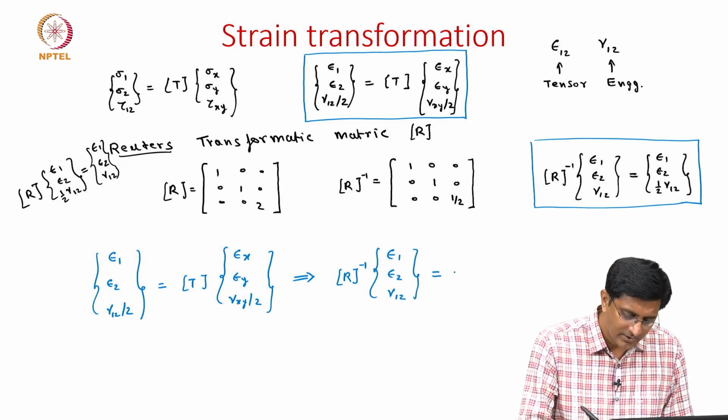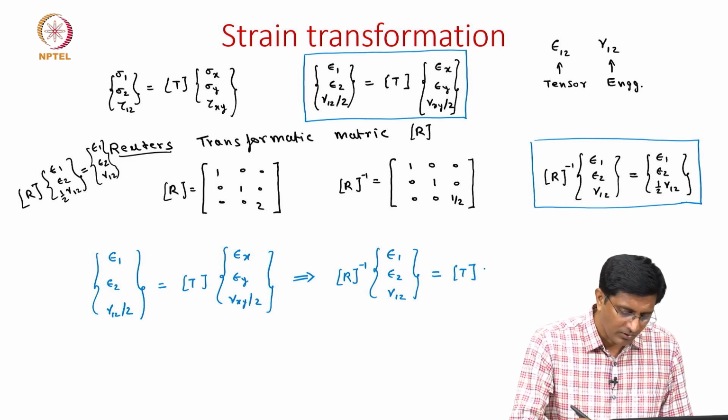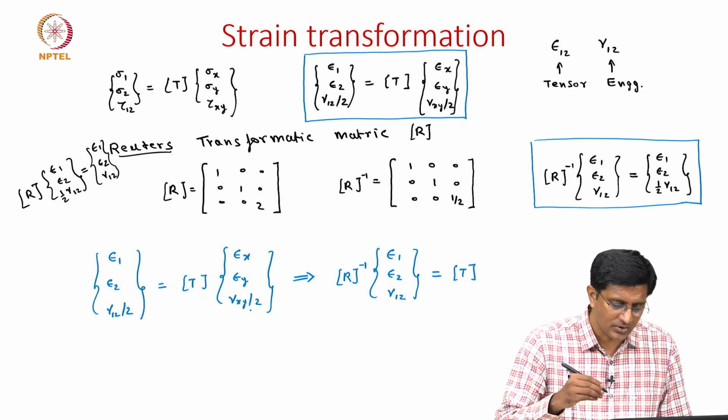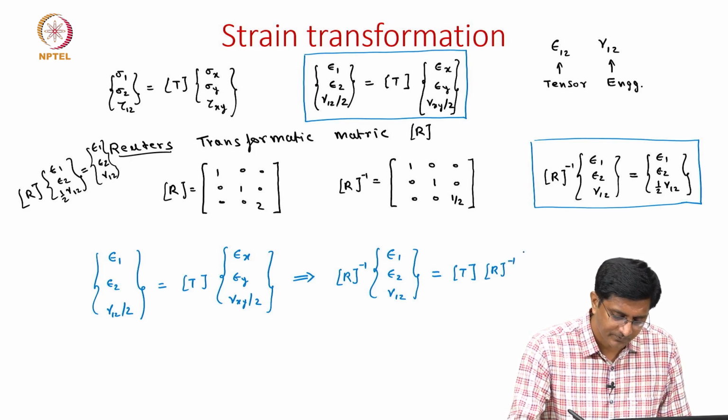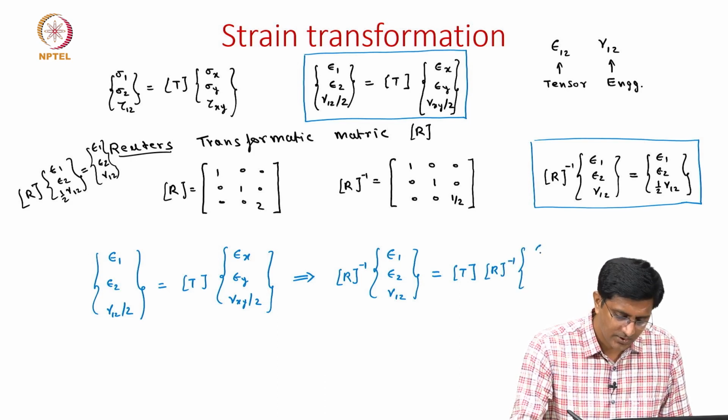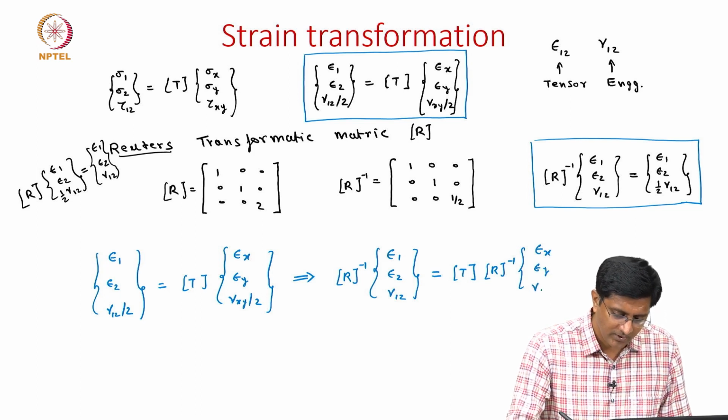For the right hand side, we retain the transformation matrix T and replace this vector written in tensor format with the engineering format, where we introduce R inverse times strains epsilon x, epsilon y and gamma x y.